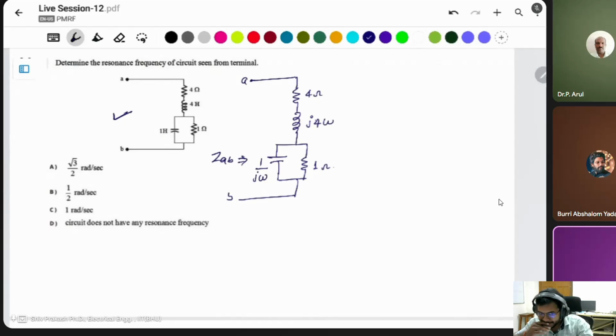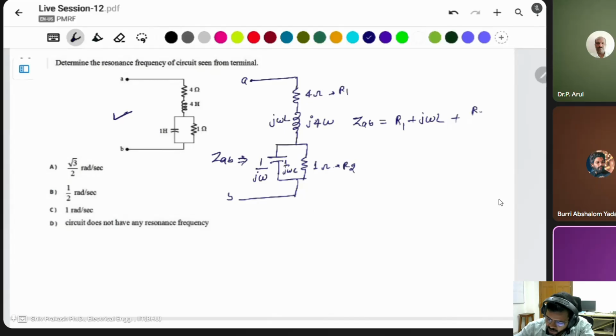Okay, what is ZAB? In this case, you can say this is the series combination. It means R plus j omega L. If you take this one as R1, this one as R2, this one as j omega L, and this one as 1 upon j omega C, this will be R1 plus j omega L plus the parallel combination of the RC circuit.